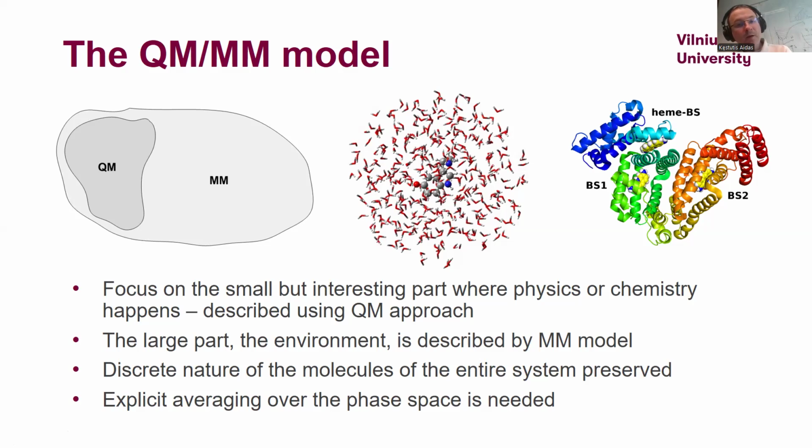So one of the issues related to using the quantum mechanical, molecular mechanical models is related to statistics. First of all, if you have a system like this, with a solute and a lot of solvent molecules around it, then the question arises, how do you distribute these solvent molecules around the solute?